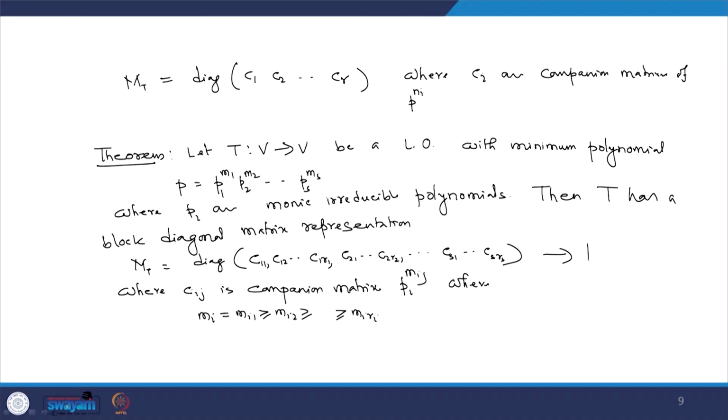And actually, this representation that I have done here is called the rational canonical form of the operator T.